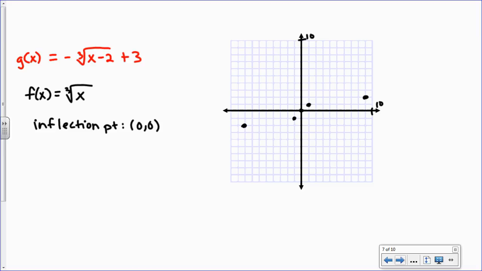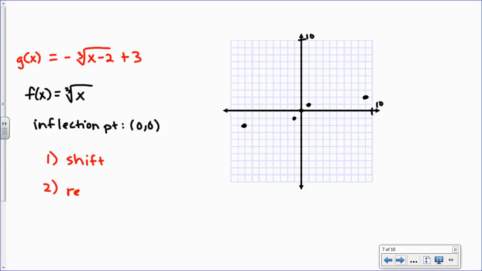All right, so for g of x, if I do my order of operations, what do I do first? Left 2. Good. Then what? There's a negative out front, so it is right 2. Thank you.